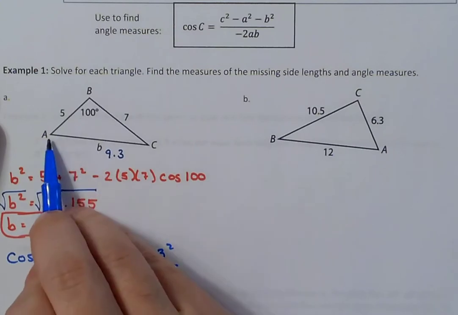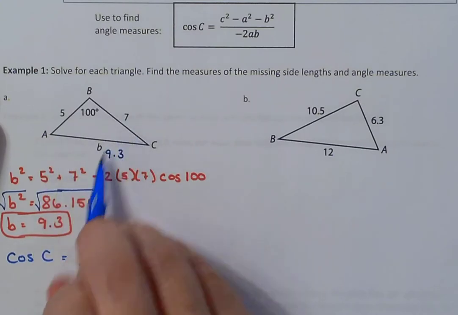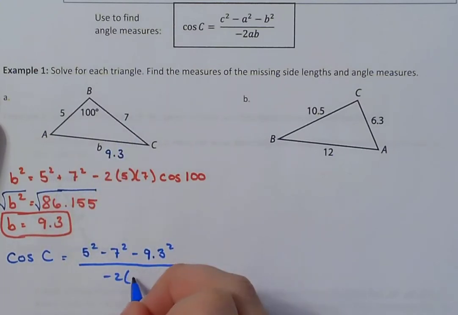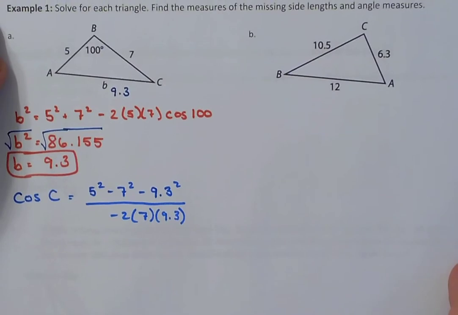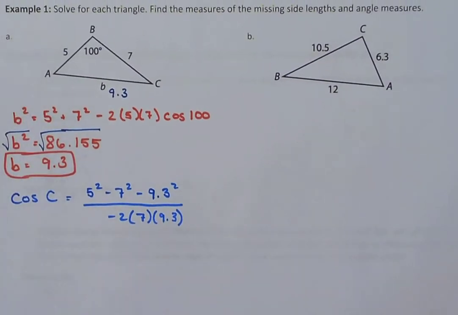We know A to be 7 and B to be 9.3. All right, so we now have it set up. So we have cosine C equals 5 squared minus 7 squared minus 9.3 squared over negative 2 times 7 times 9.3.